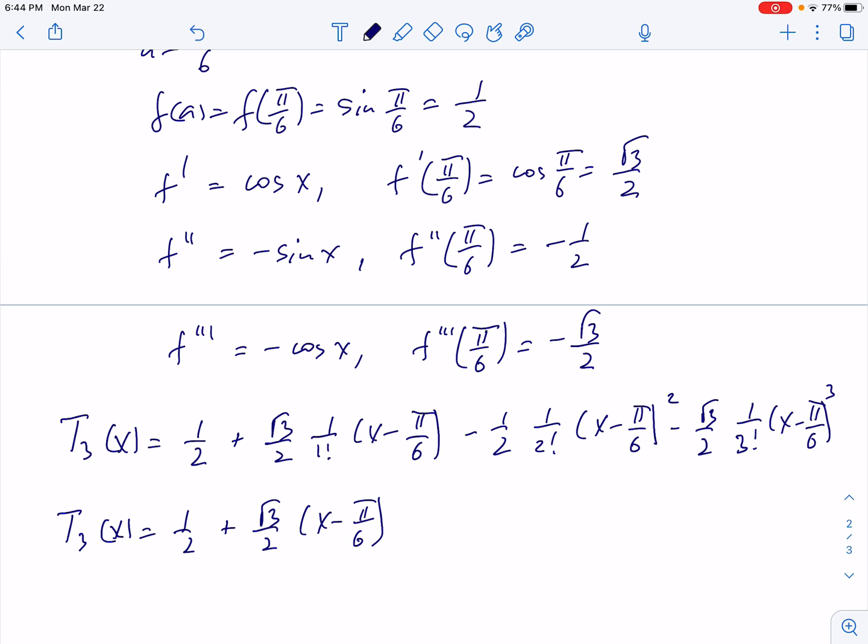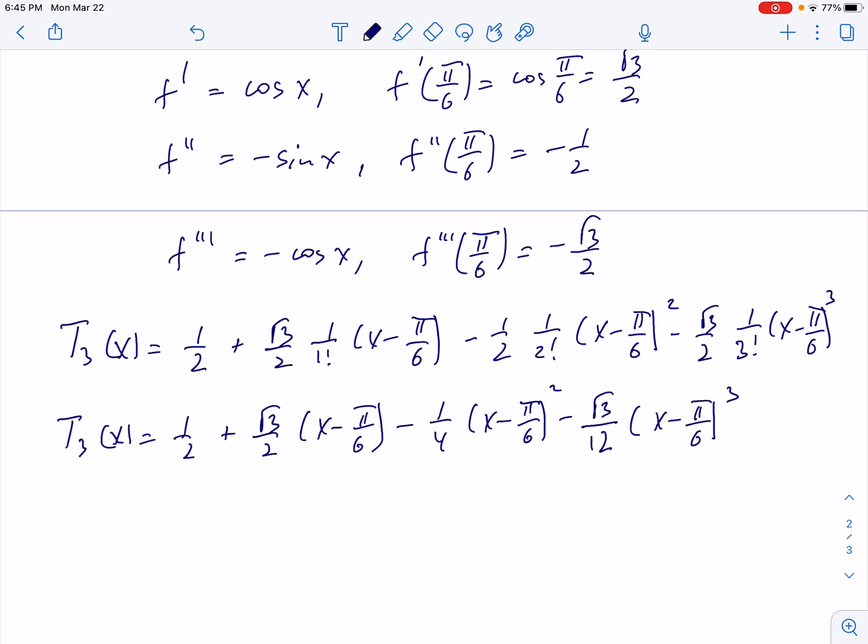Then we have 1 over 2 factorial, that's 1/2, and another 1/2, so this will be minus 1/4 (x minus pi over 6) squared. 3 factorial is 6, 6 times 2 is 12, so we have minus root of 3 over 12 (x minus pi over 6) cubed. And this is our required Taylor polynomial.